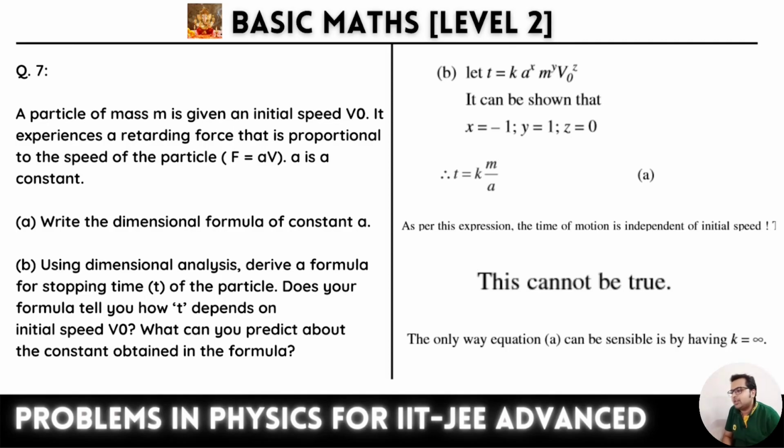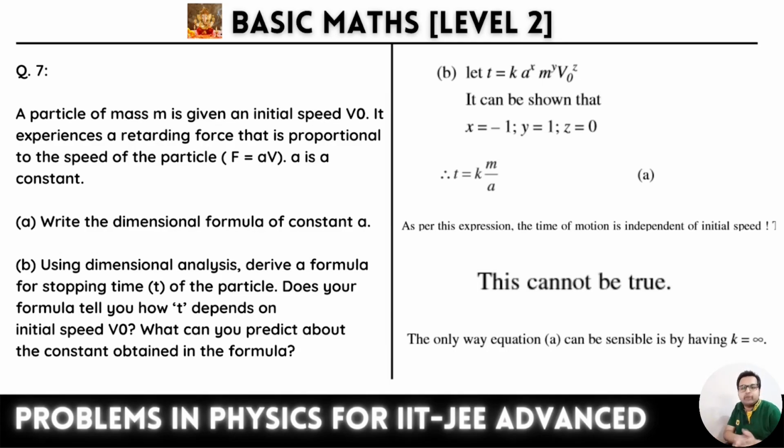So ultimately, if we look into the quantities, what quantities do we have? We have mass, we have velocity, we have time, and we have a constant a. So what can we do? We can assume that stopping time depends on all these quantities.